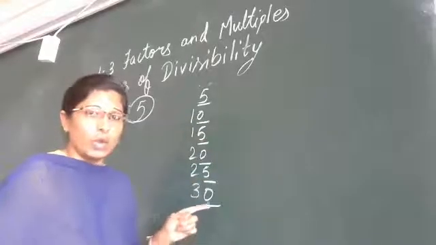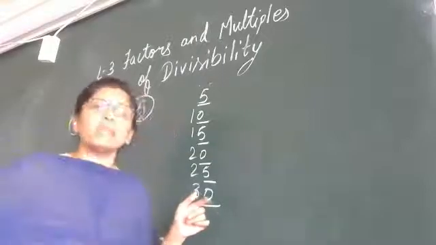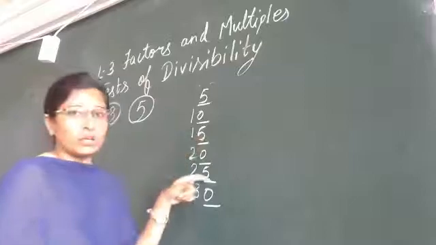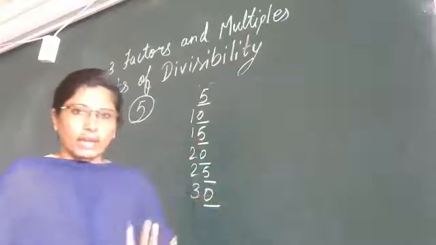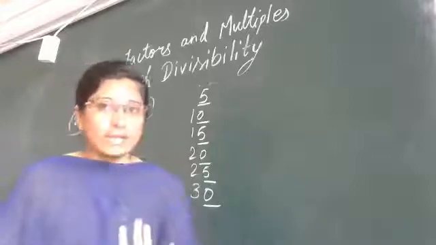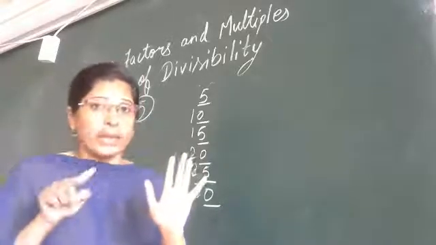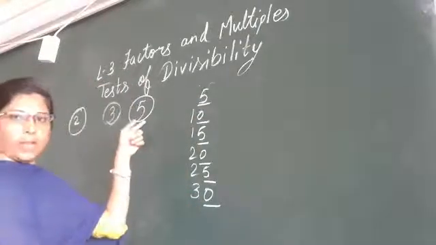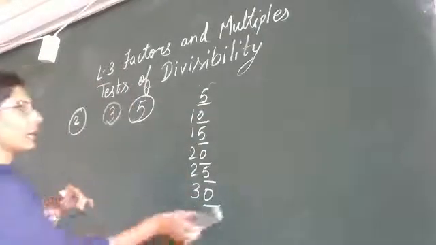All the multiples in the 5 table have 5 or 0. That means when 5 or 0 is in the one's place, that number will be divisible by 5. Let it be a bigger number.